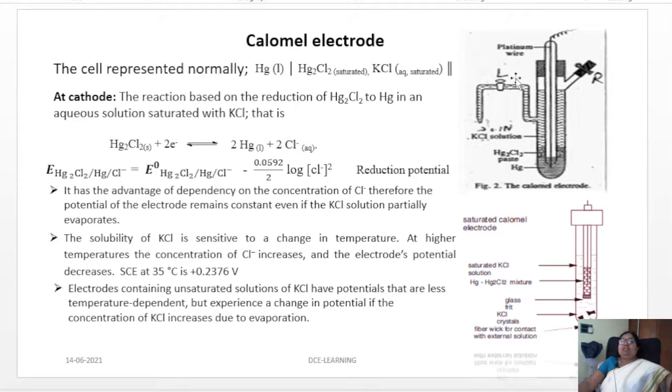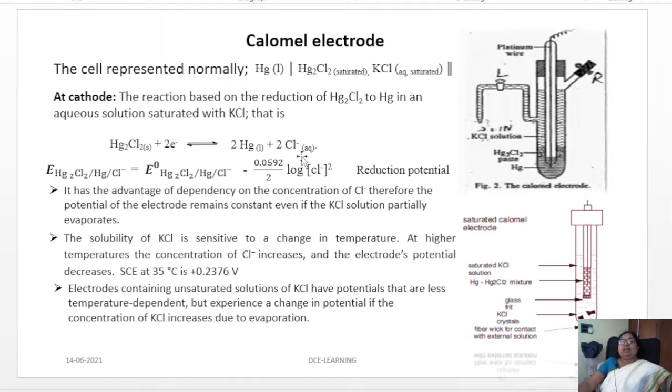If the calomel electrode acts as a cathode, it undergoes a reduction, and the reaction is based on that.